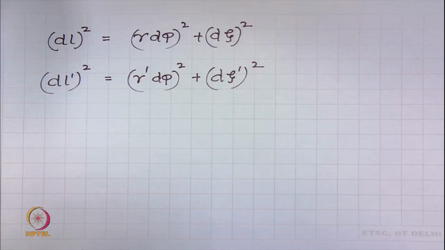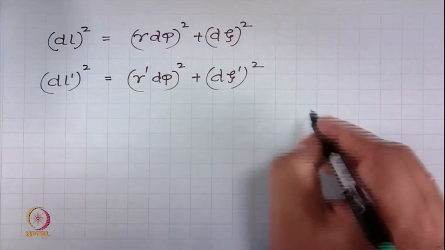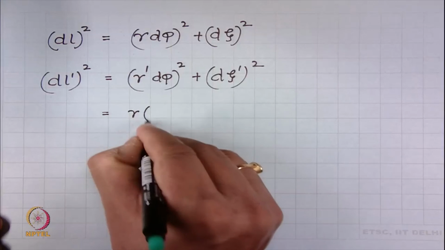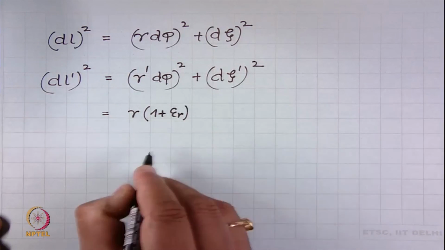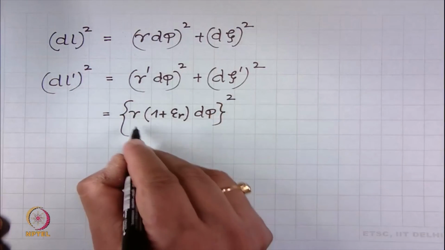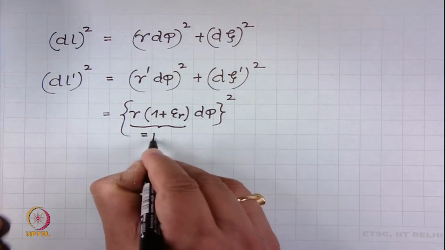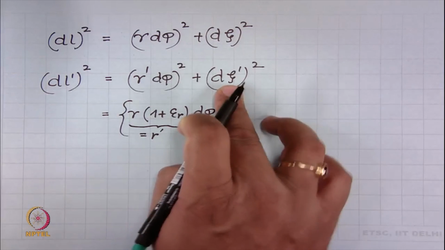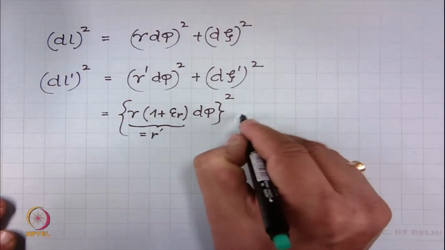Now, we use our 4 basic relations. r prime was equal to r times 1 plus epsilon r, d phi square. And what is your d zeta prime? d zeta prime we have derived.